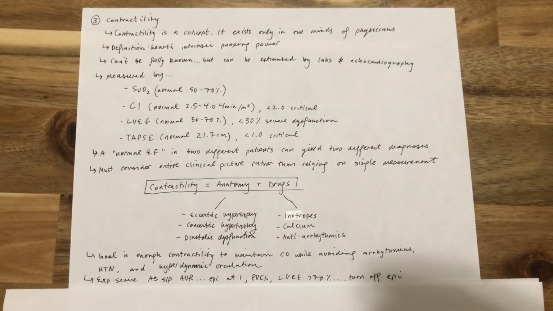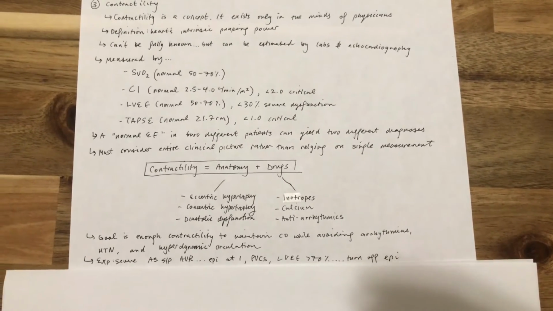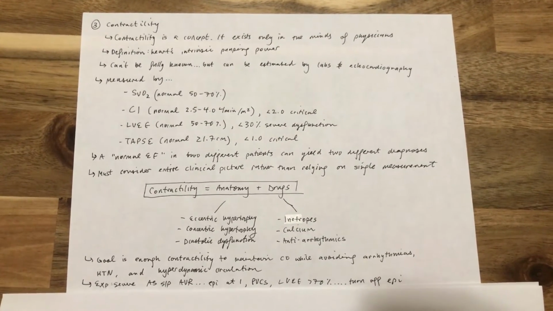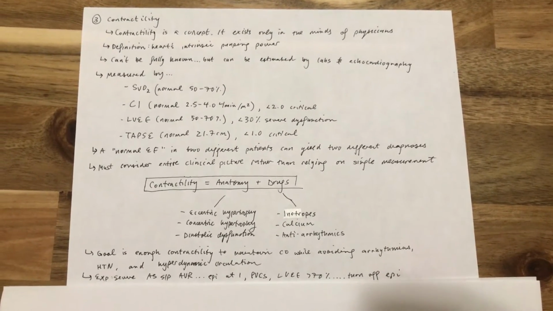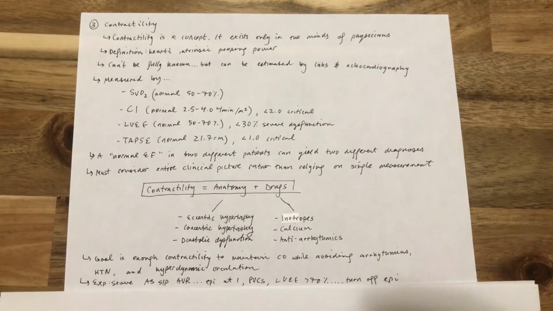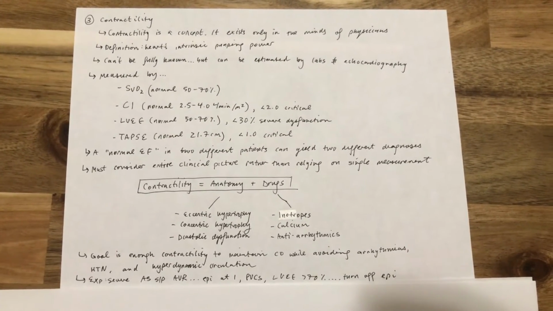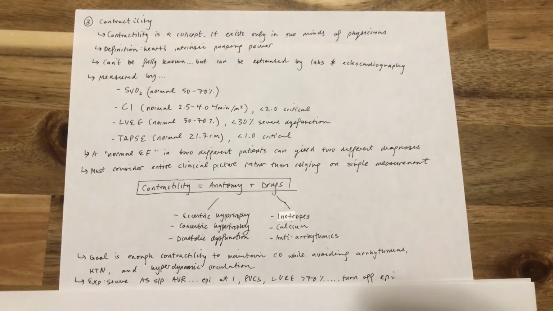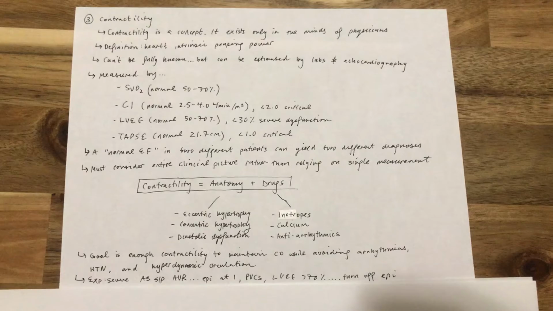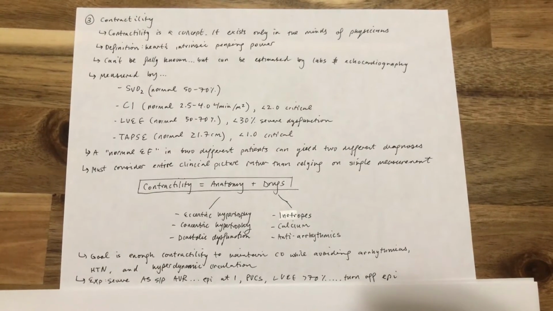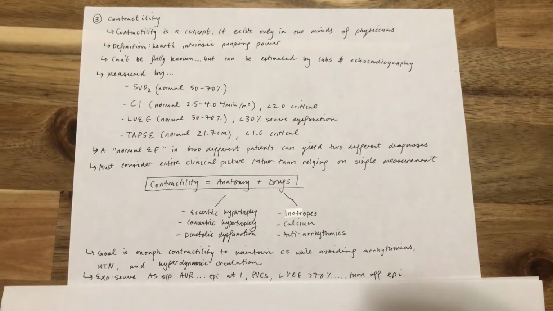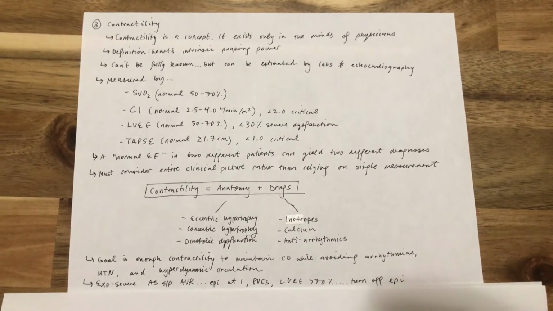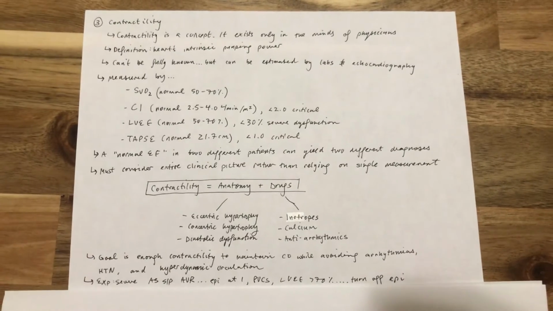So I just put this little formula of contractility equals anatomy plus drugs, and what that means is that you have to know the patient's underlying issues. So if they have hypertrophy, what kind do they have? And do they have any diastolic dysfunction? As these are going to determine whether inotropes even work, and also if their EF measurements are accurate.